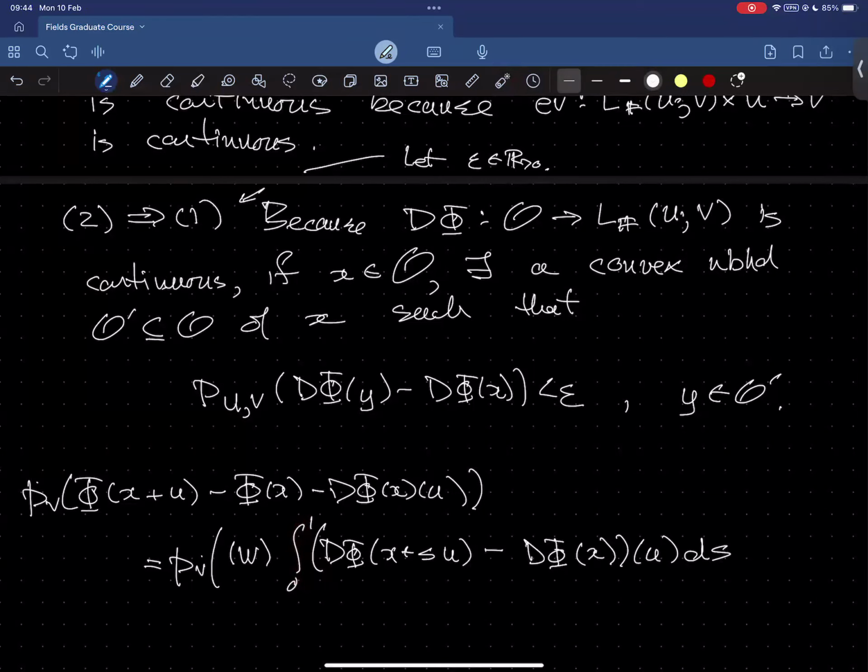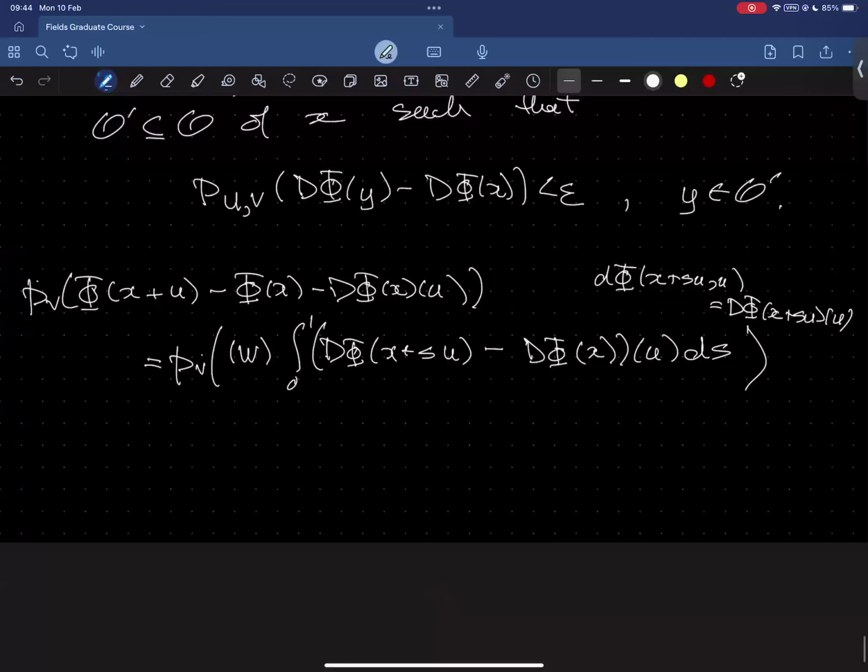Note that d phi of x plus s u, applied to u, is the same thing as d phi of x plus s u of u. That's the mean value theorem. You usually see it in terms of this, but I've written it in terms of that.